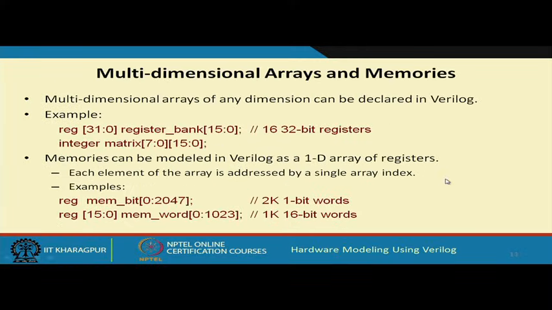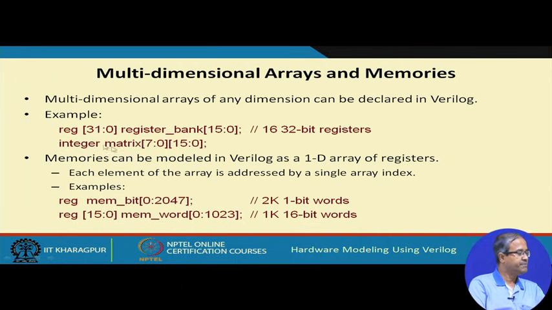Now, talking about multidimensional arrays and memories, we can declare multidimensional arrays in Verilog, of any dimension. Let us take two examples. Here reg [31:0] register bank [15:0]. What does this mean? First is reg [31:0].